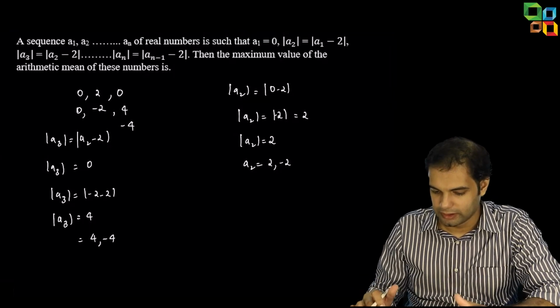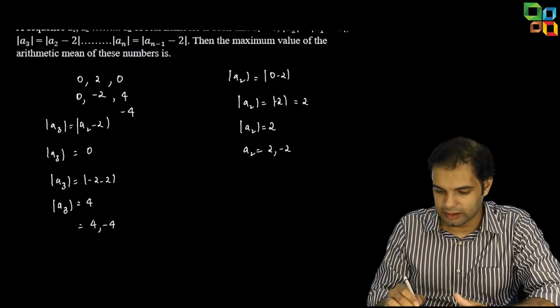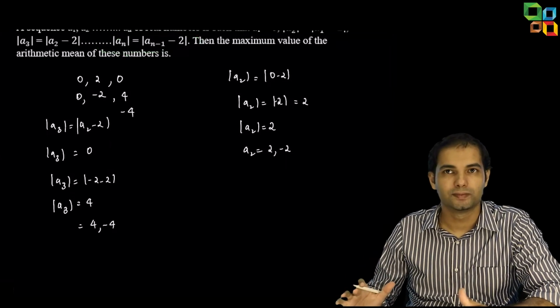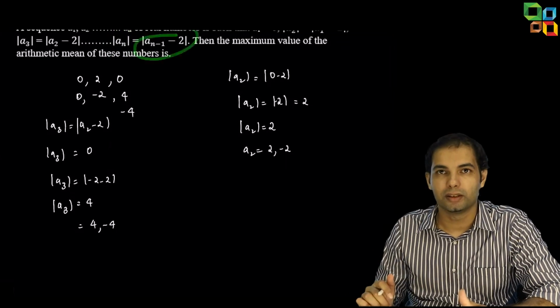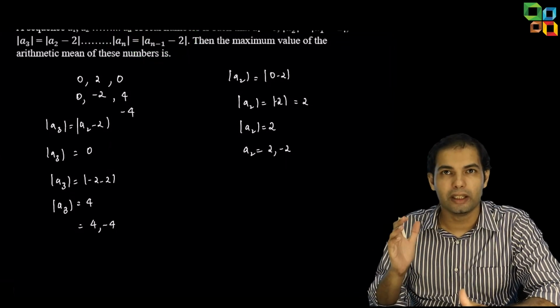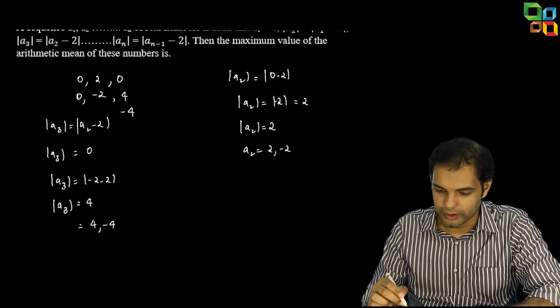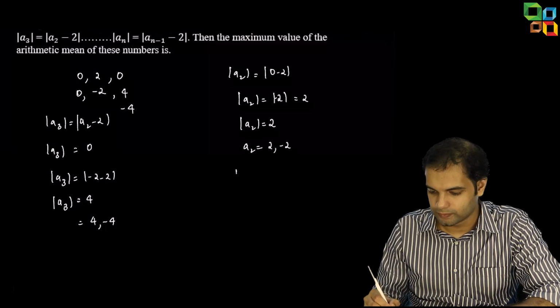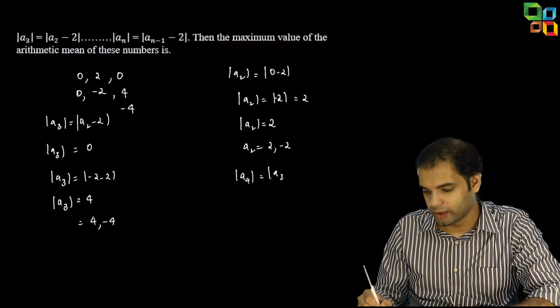I hope this is clear. So now we are at A3. They say this pattern continues for all numbers. So take any An, we have to use the previous term to get An. So now I'm talking about A4. Mod of A4 is nothing but mod of A3 minus 2.